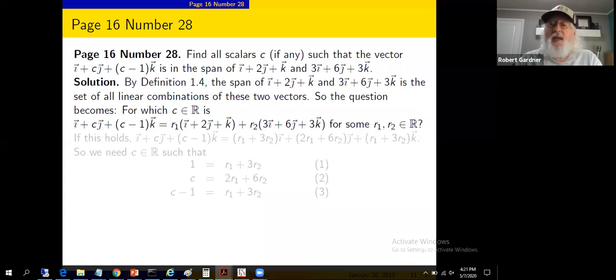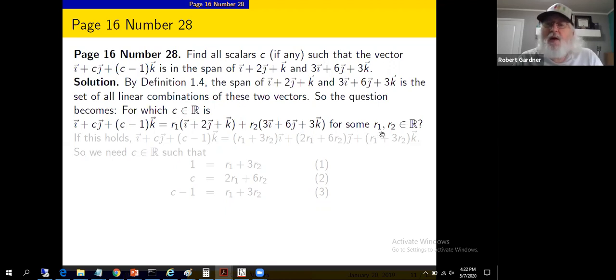The span of these two vectors would be the set of all linear combinations of those two vectors. So we can reword the question as: find a real number C, if any, such that the vector i plus Cj plus (C minus 1)k is some linear combination of the two given vectors, the i plus 2j plus k and the other one.